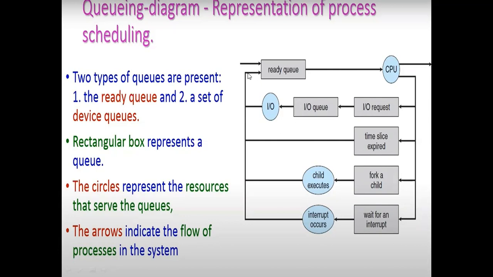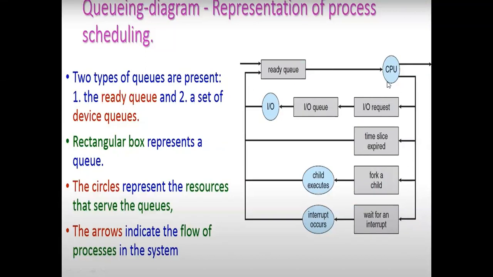Here, whenever the process gets assigned, it will be stored in the ready queue. And the processor, if the process needs to carry over the IO request, it will be placed in the IO queue. Okay. When the time slice expires, it will move on to the ready queue. Okay.